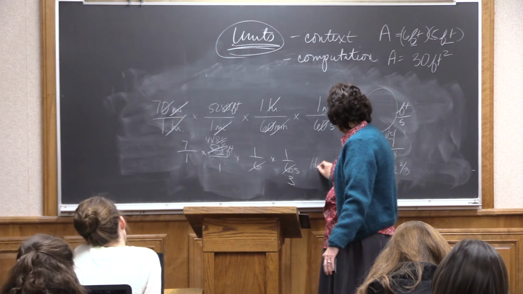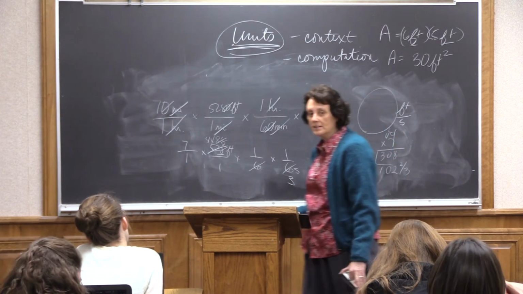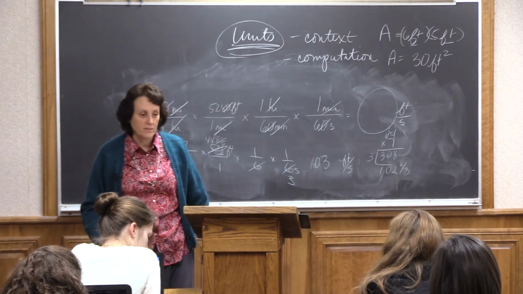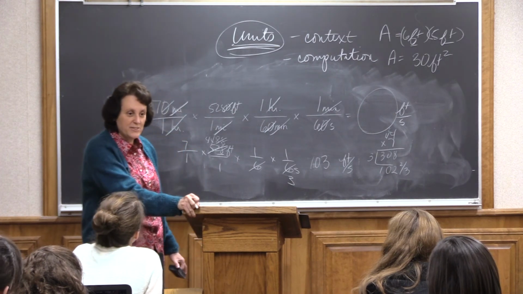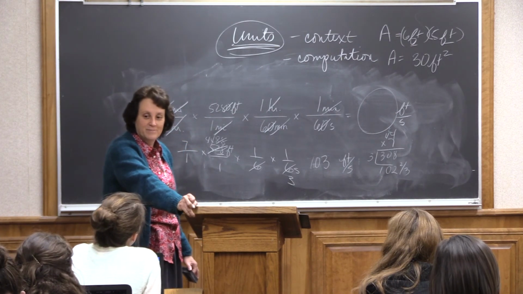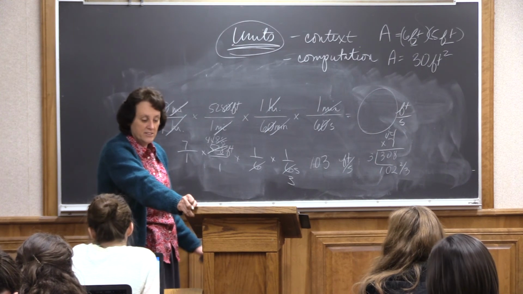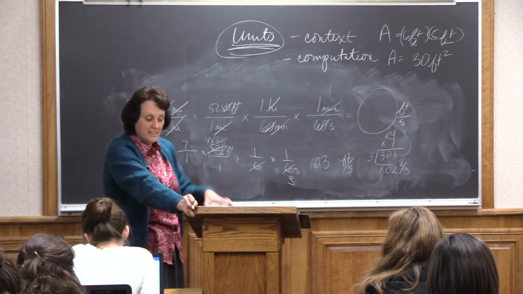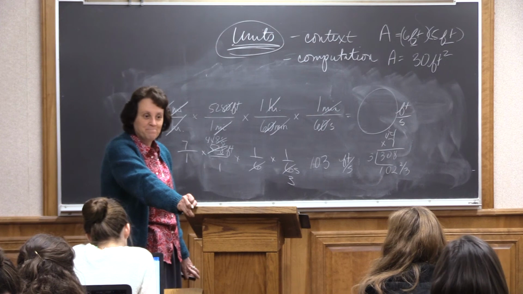So it's approximately 103 feet per second. Probably in physics class you're going to be allowed to use a calculator. And then you'll have to deal with the significant digits, everybody's favorite in chemistry and physical science.